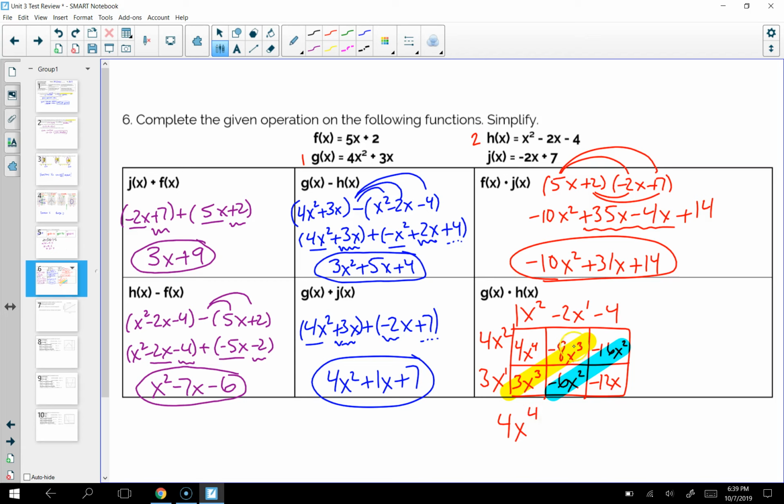Alright, combine like terms. This gives me minus 5x cubed. And then negative 6 minus 16 gives me negative 22x squared. And then finish it with negative 12x. And that's my answer for that one.